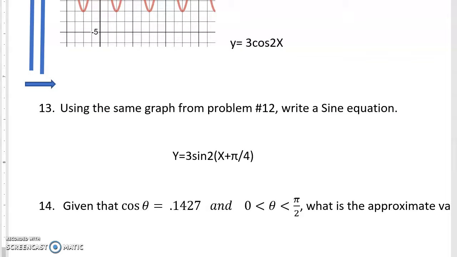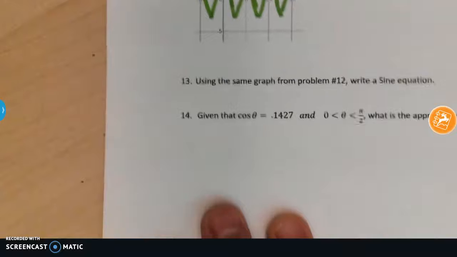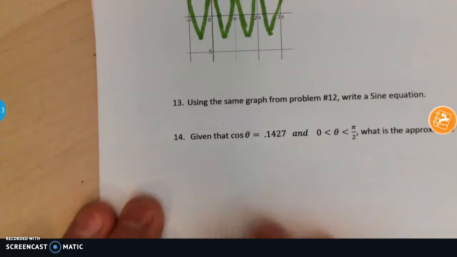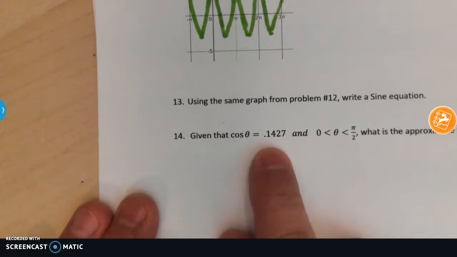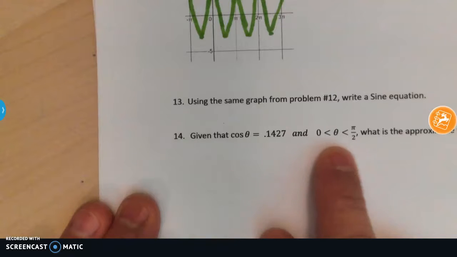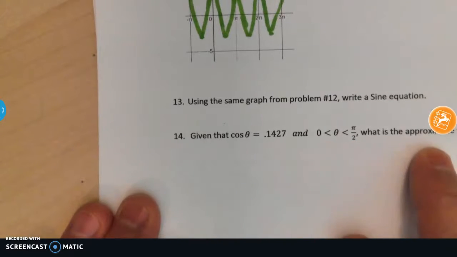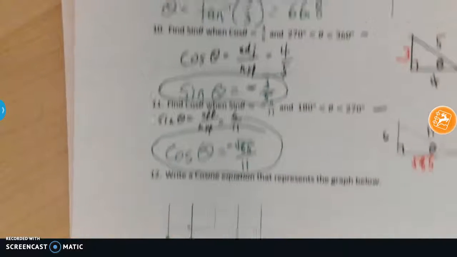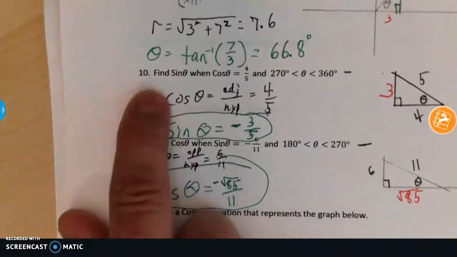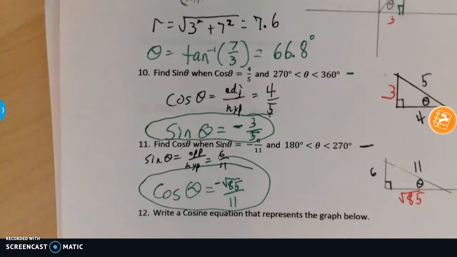All right, let's go back to here. On number 14, given that the cosine is 0.1427 and theta is between 0 and pi over 2 radians, what is the approximate value of sine? Very similar to number 10 and number 11.